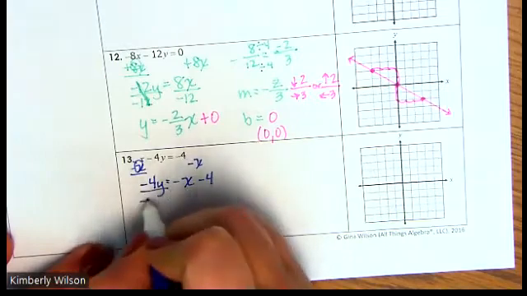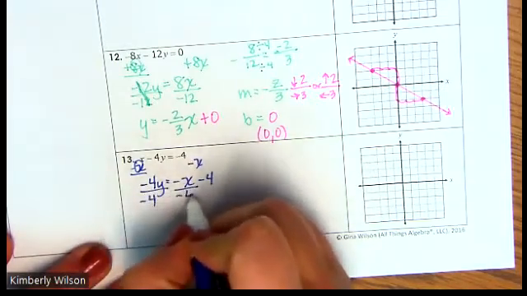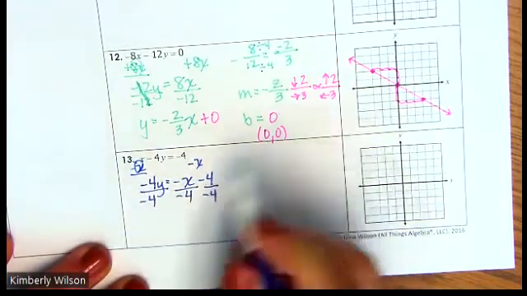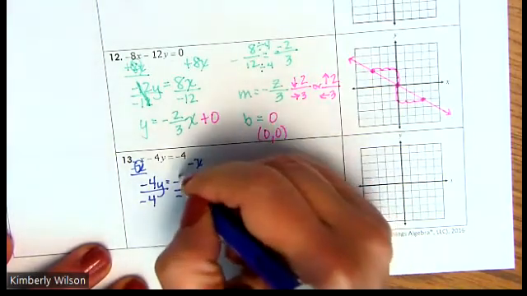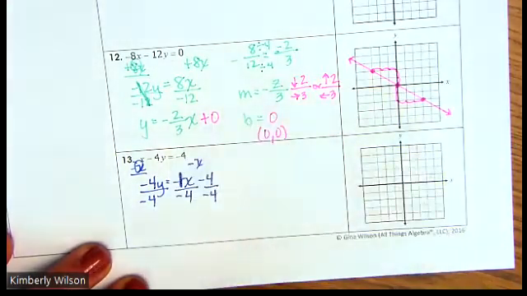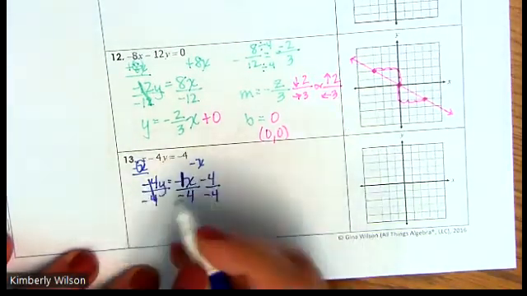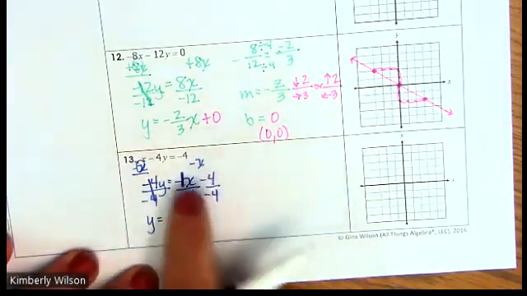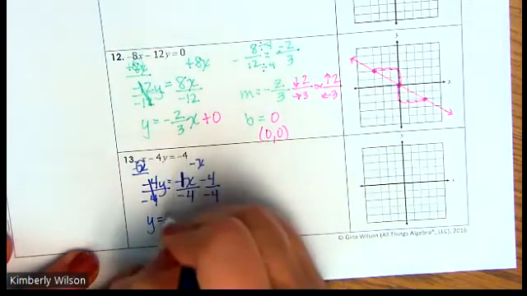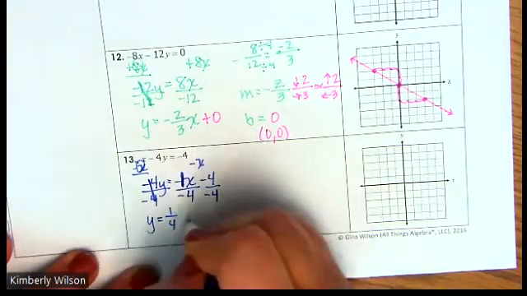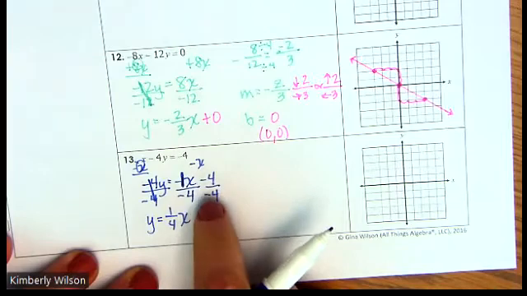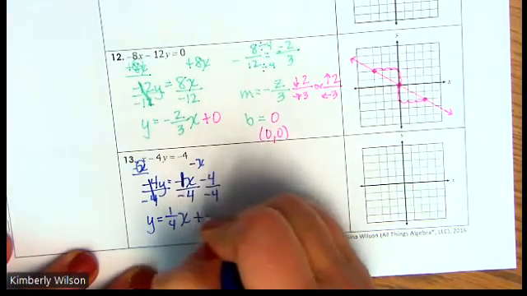Now I divide everything by negative 4. Now, it's going to be helpful to remember that this is understood to be a 1 right here. It's just not written. Okay, so this cancels, and I'm going to have y equals, now a negative divided by a negative gives me a positive 1/4 x, a negative divided by a negative gives me a positive 1.